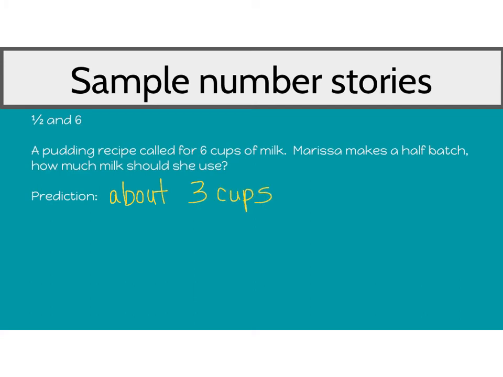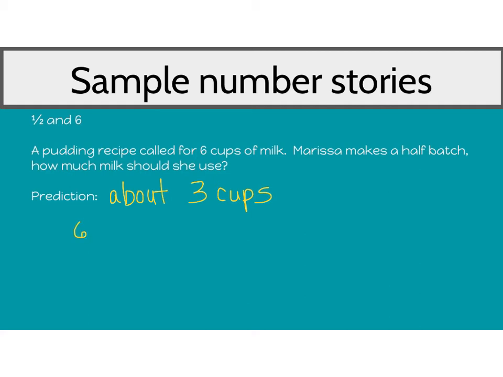All right, and then we're going to solve it. So how would we go about solving this problem? Are we going to take 6 times 1/2? That sounds doable. So what happens when we do that?